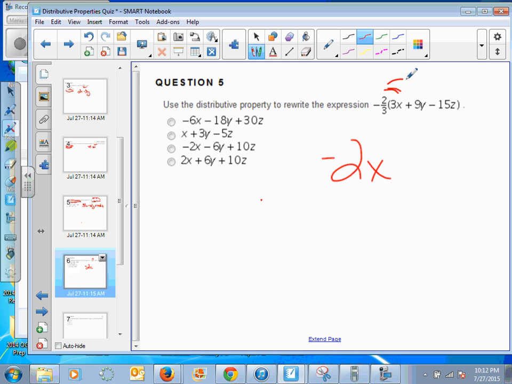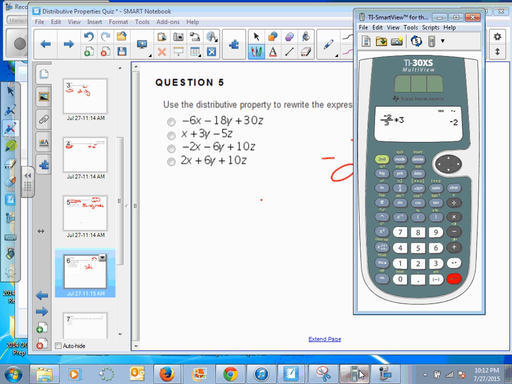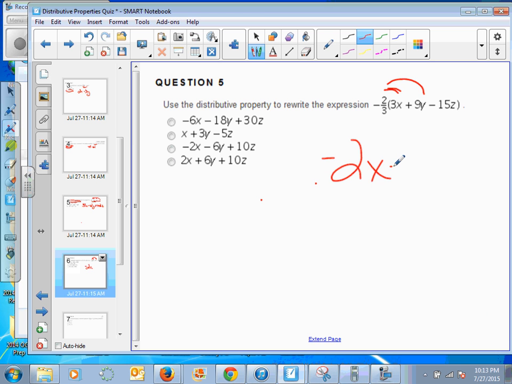Now we're going to go negative 2/3 times the 9y. Negative 2/3 times 9 gives you the negative 6. Even with that, I think we're going to stop with that one because we can see this is the only one set up with those choices there.